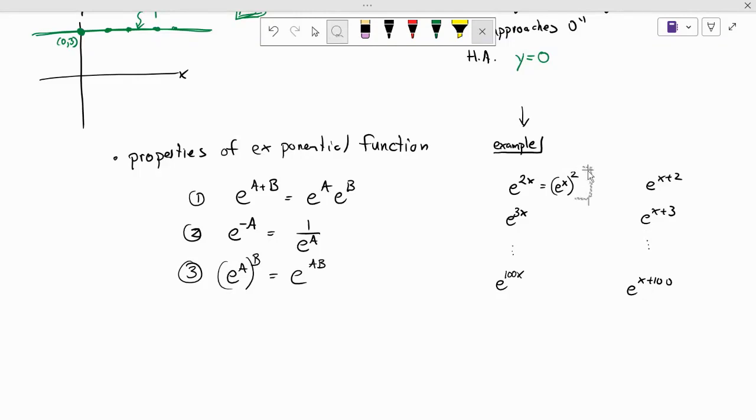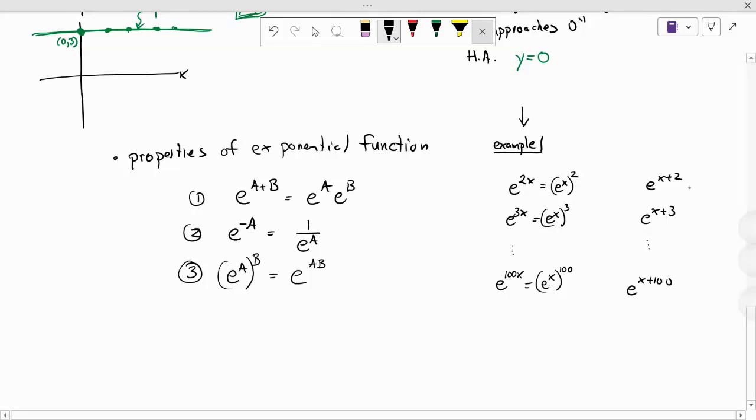Okay. So e to the x quantity squared is the same thing as e to the 2x. e to the power 3 times x is e to the x cubed. So, of course, the reason we need to be able to do this is we need to find those disguised polynomials where instead of x we have e to the x, and so on and so forth.